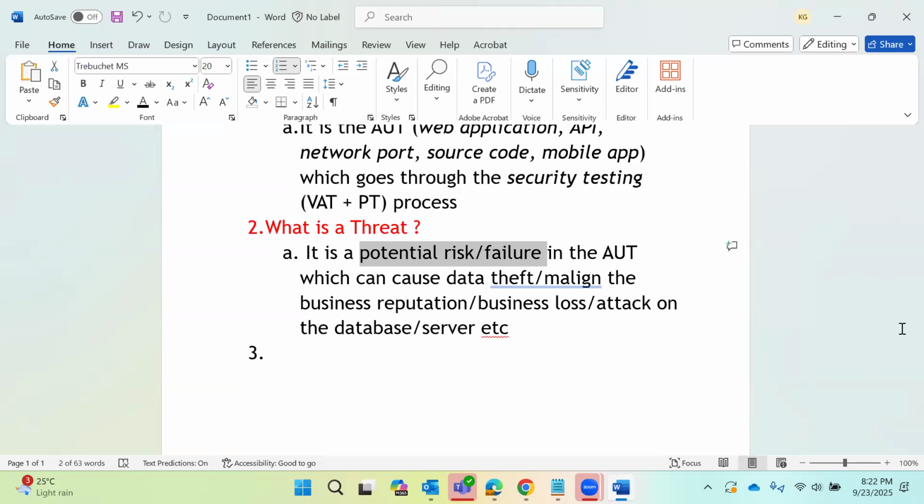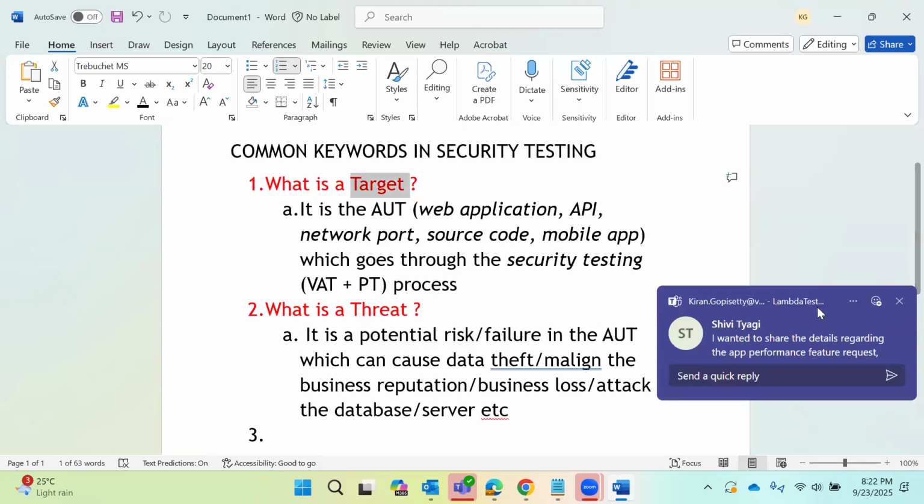So therefore, threat means a potential risk you have found in the application under test. Now, what is AUT? It is nothing but the target now, right?